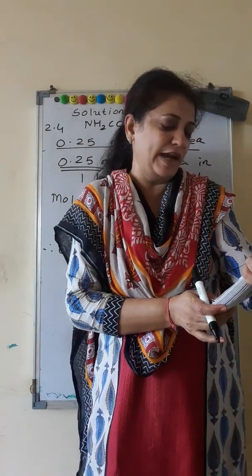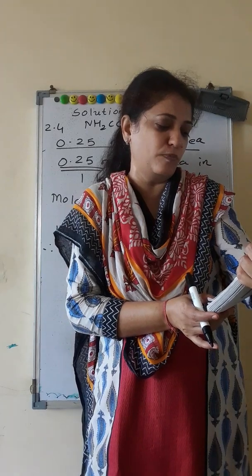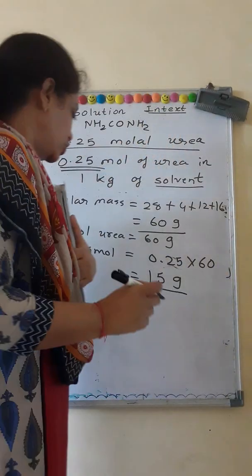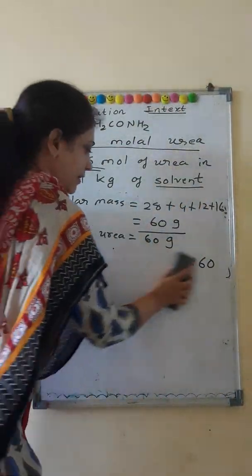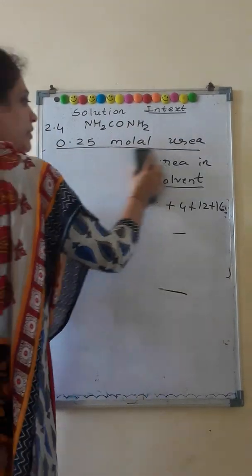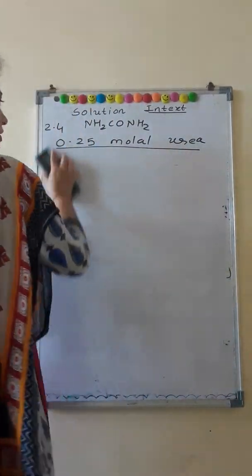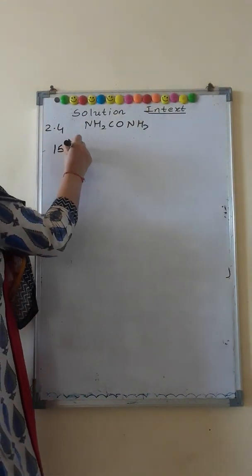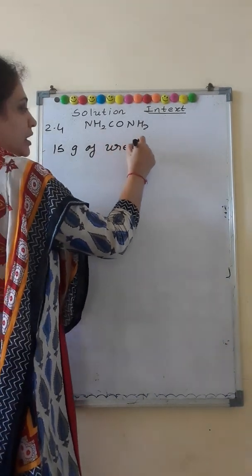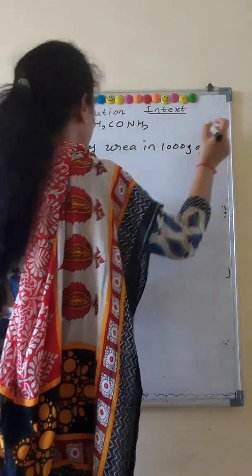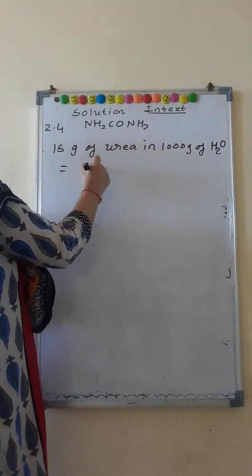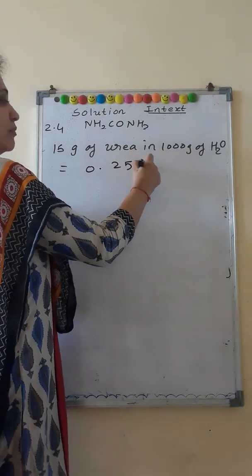Now final weight of solution is given as 2.5 kilogram. So 15 gram of urea in 1000 gram of water will be making 0.25 molar solution.